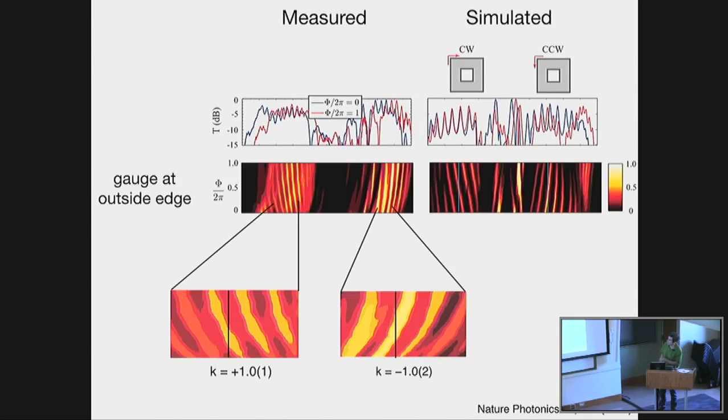The best way to characterize it is to make a line here and see how many times these peaks pass through that line. If we zoom in here, this is the transmission contour, this is frequency, and this is the change of the magnetic flux. We see that these edges go through this line only once, and the other only once but in the opposite direction. That gives us the winding number of the edges.